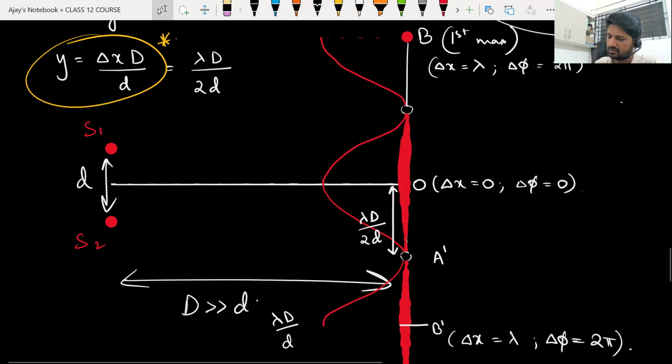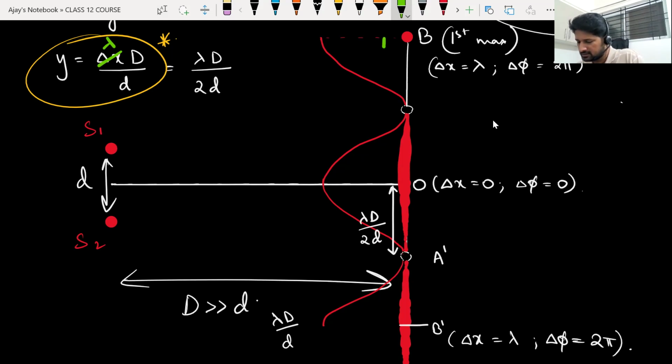Yes, sir. Okay. Now we know y is delta x times capital D by small d. For point B, the path difference delta x is lambda. If you substitute lambda in place of delta x, you get the y coordinate as lambda capital D by small d. Means the point B is at a distance of lambda capital D by small d from the central maximum.